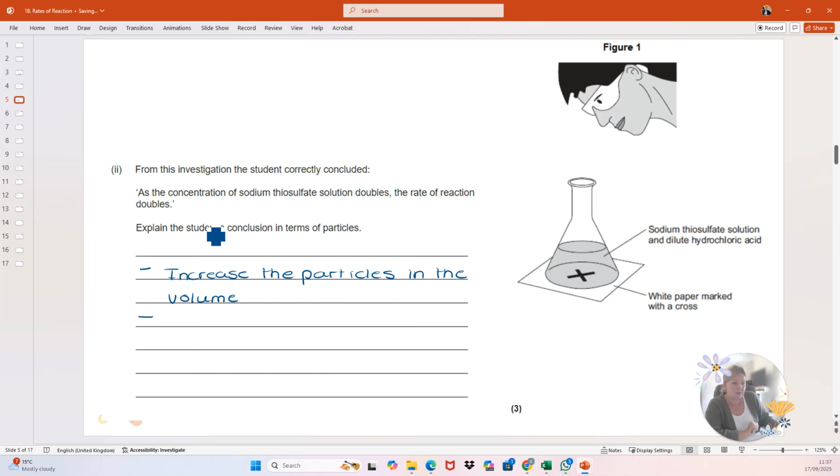So because there are more particles, well, what happens? So what we've got now is the frequency, so how many, the frequency of collisions increases. If I put more people in a room, there's probably going to be more collisions.